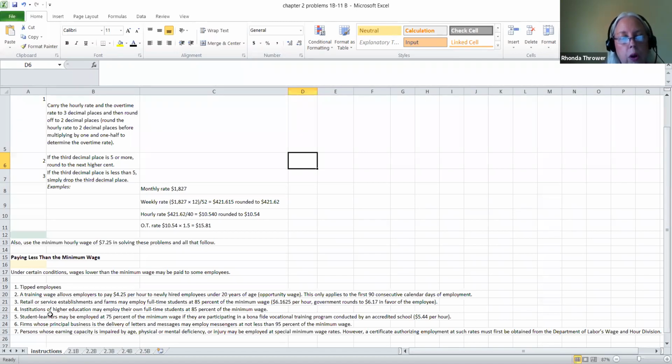Also, if you are an institution of higher learning, such as the college, you may employ your own full-time students at 85% of the minimum wage. So if you are a student and you're working for the college, they can pay you less than the minimum wage rate of $7.25. They can pay you 85% of that minimum wage rate.